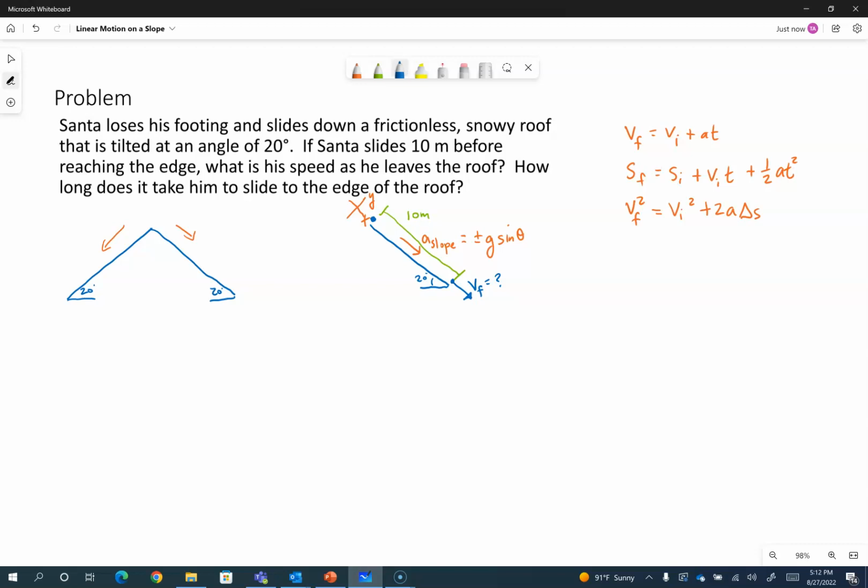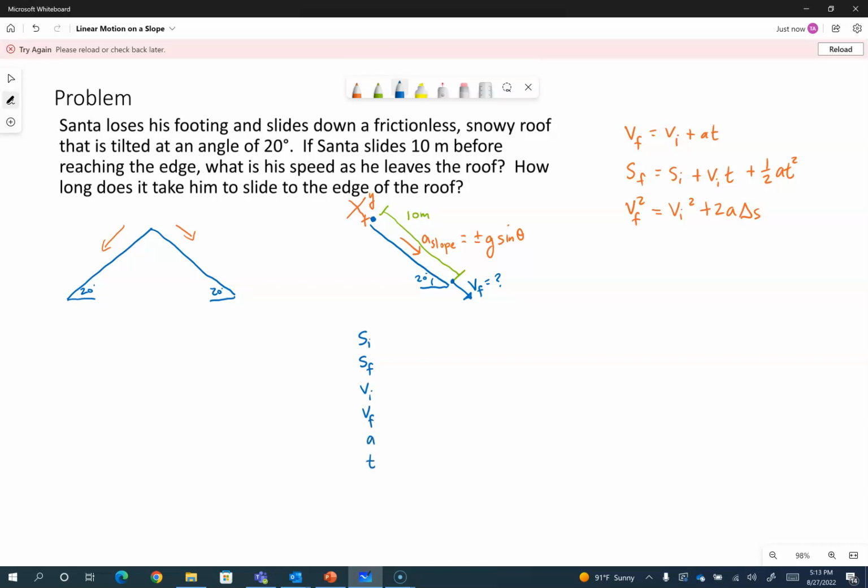I do want to, as we have in previous problems, write out the list of variables that show up in the kinematic equations. I'm going to go ahead and say my origin, I suppose I should have drawn it that way, my origin is where Santa is when he slips and falls.